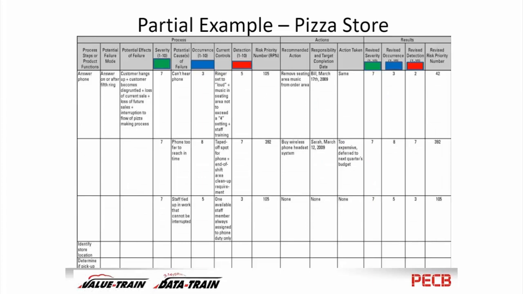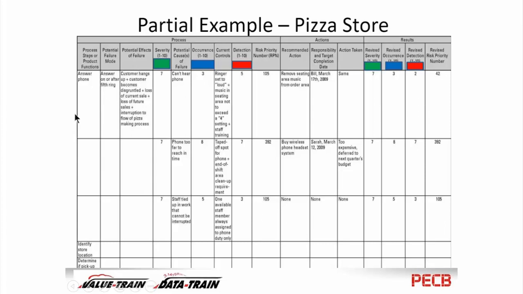Here's one that's a little bit, if you may be able to see this, but this is just a partial example, and I'll go through this in a little bit of detail with just one or two things so you can get the idea. So this is for a pizza store, and there are lots of pizza stores in America.